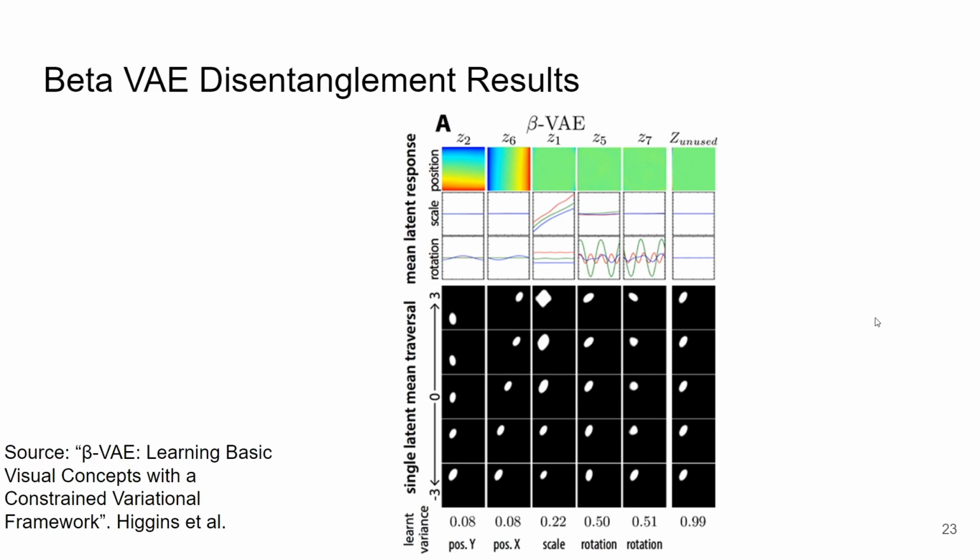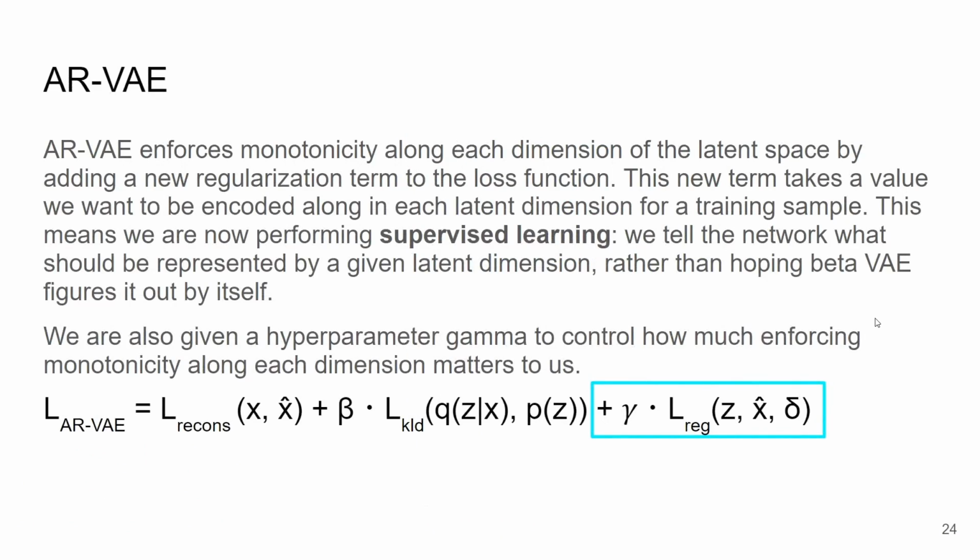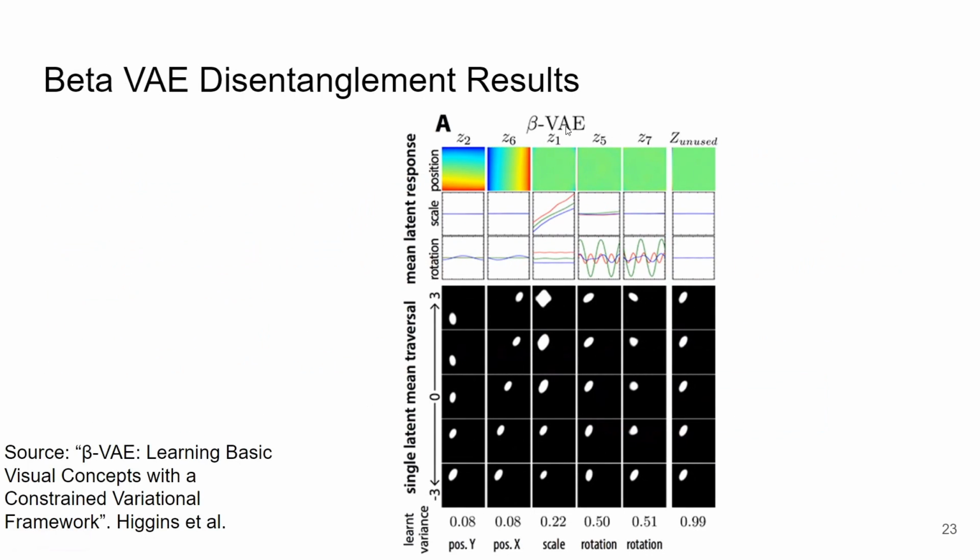So because of that, we are now going to move on to the final and most powerful version, which is what we are using, which is AR-VAE. Now, AR-VAE basically takes what beta VAE gave us and just makes it omega powerful. Like, we're way more powerful now because we're fixing literally everything that was wrong in the last example with beta VAE.